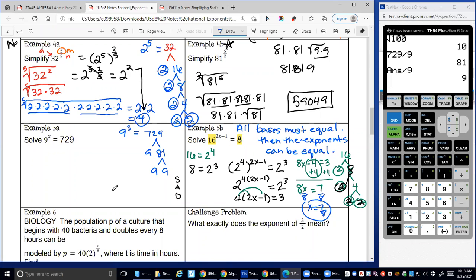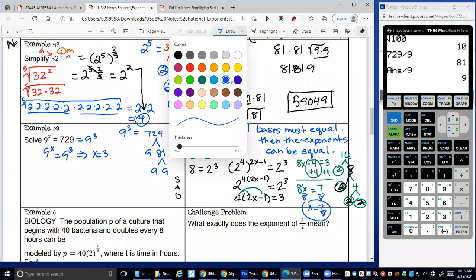Okay. So I'm going to go ahead and rewrite this. 729 is equal to 9 to the power of 3. I can take out the middleman. Hold on. I wrote my x too low. And if my bases are the same, then my exponents will be the same, right? X will equal 3. Do you see it?